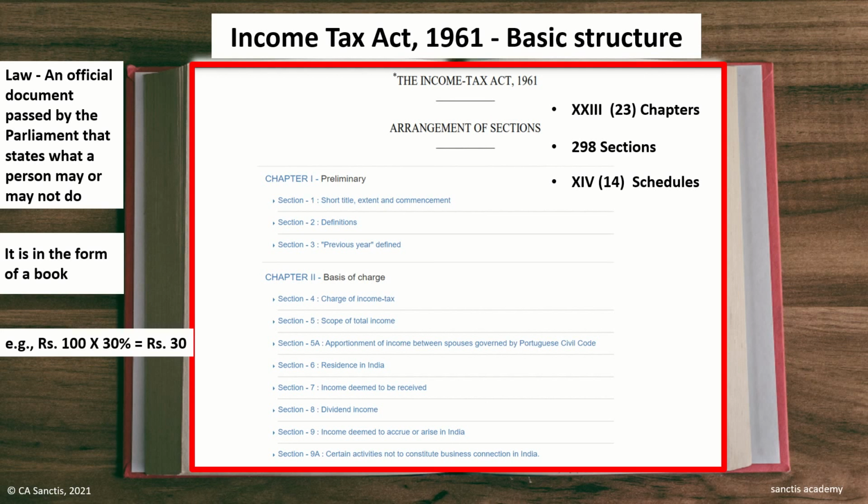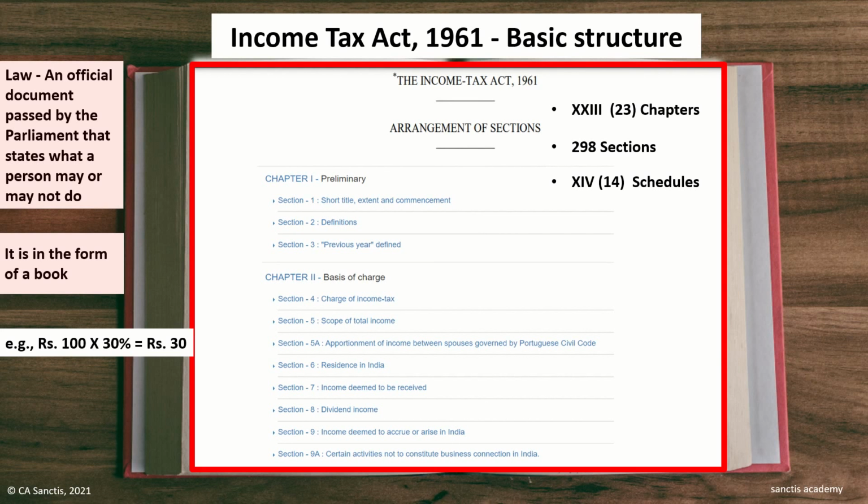Okay, so in this video, we learned that the law is an official document passed by the parliament that states what a person may or may not do. Laws are in the form of a book. In the context of income tax law, it is an official document or an act that is passed by parliament that states what income a person should pay tax on or what the person should not pay tax on.